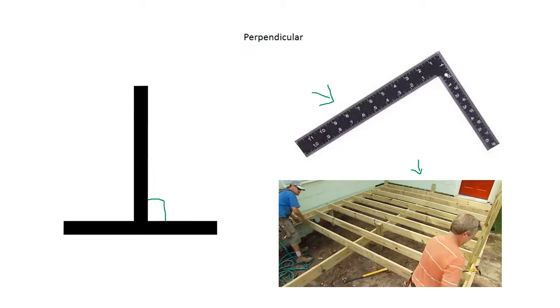So perpendicular lines, you can think of it as an L, you can think of it as a T, but wherever two lines meet at a 90-degree angle, you have something that is perpendicular. So when you're building your deck, he needs to make sure, he probably used a square right about there to make sure that his joist was 90 degrees to the house. Perpendicular.